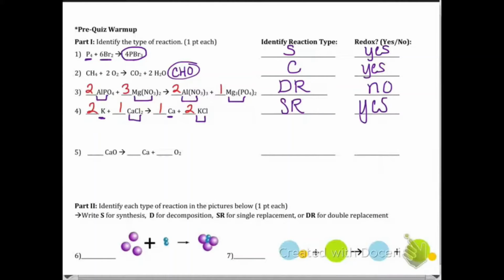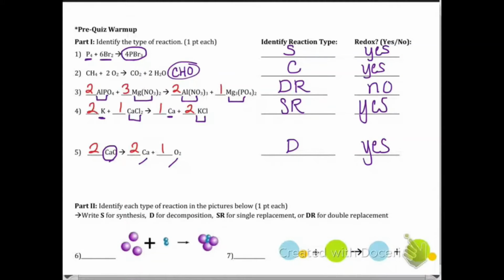If we balance it, this becomes 2, 2, and 1. Here we have one big thing, and it breaks apart. That word breaks apart tells you that it is decomposition. And decomposition is, yes, redox because you have a transfer of electrons.